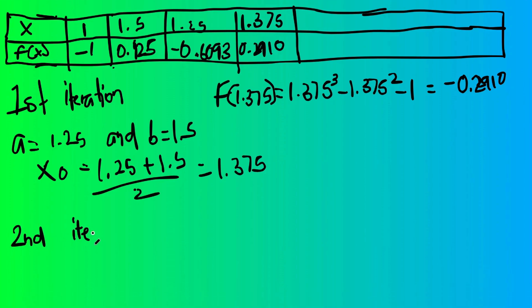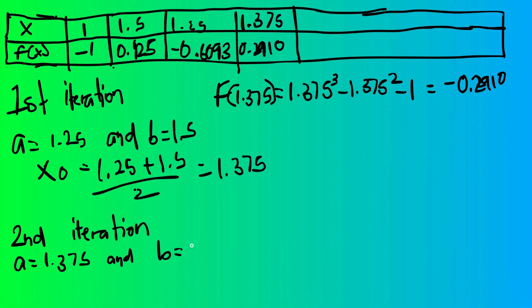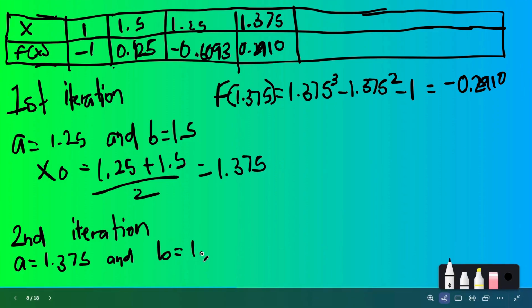Okay, for the second iteration, so A is 1.375 and B is 1.5.